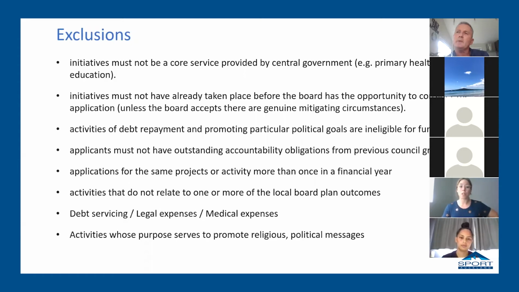Applications for the same project or activity more than once in a financial year. So they'd like to see something different to fund each financial year. Activities that do not relate to one or more of the local board plan outcomes. So as I mentioned, each local board has different outcomes and it needs to fit in with at least one of those.